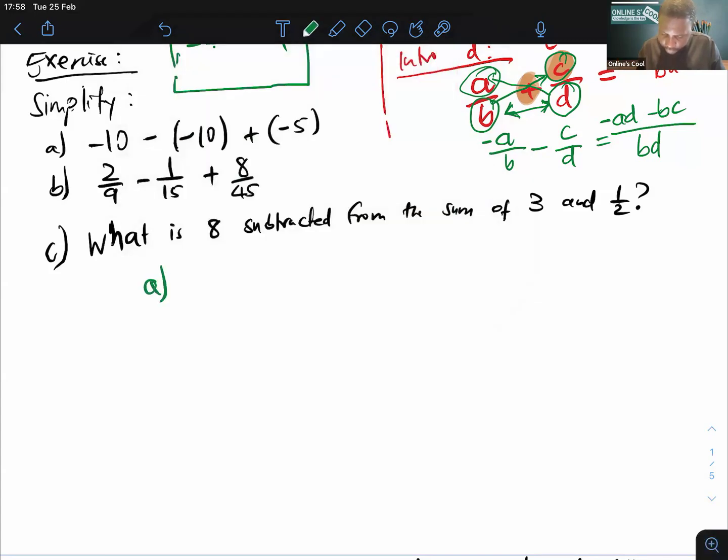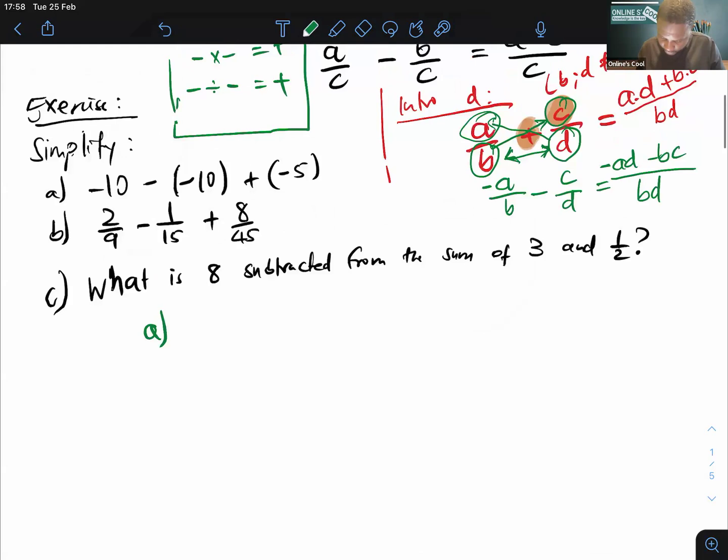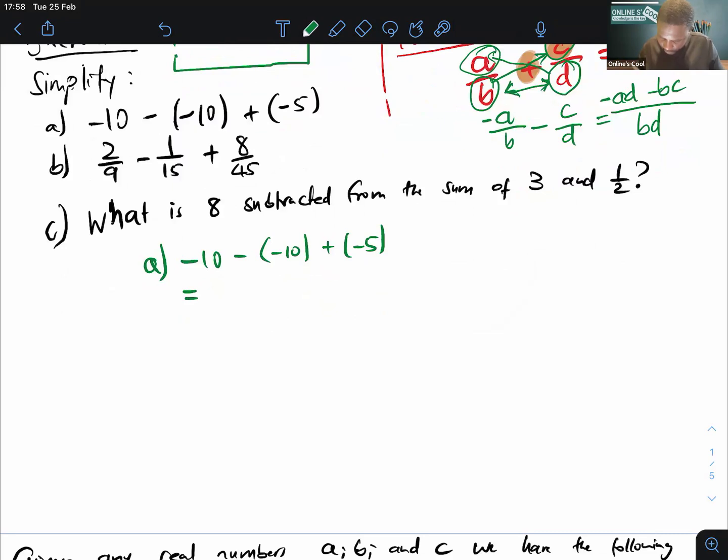We'll start with A. So A, we're told that A is minus 10 minus minus 10 plus minus 5. And then someone must tell me what to write and what is the answer to this question. What is the first step that you would do?